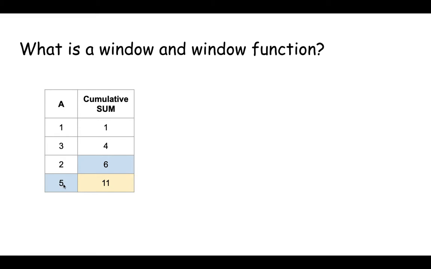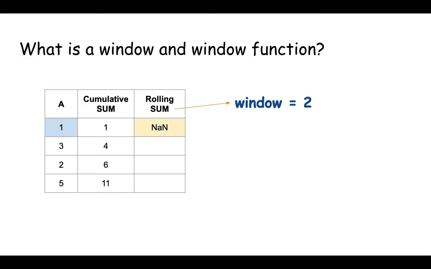Here we are just looking at one value from column A. But to really explain a window function, we have to look at the rolling method. If we set the window to 2, then in the first row, where A has a value of 1, there's no value before it, so we get NaN if we do a rolling sum.